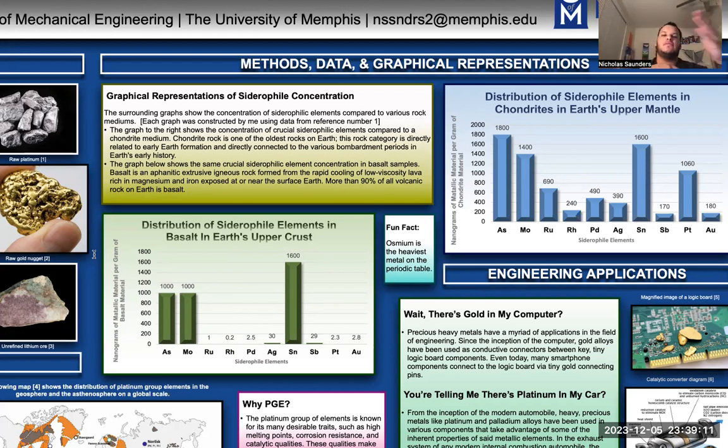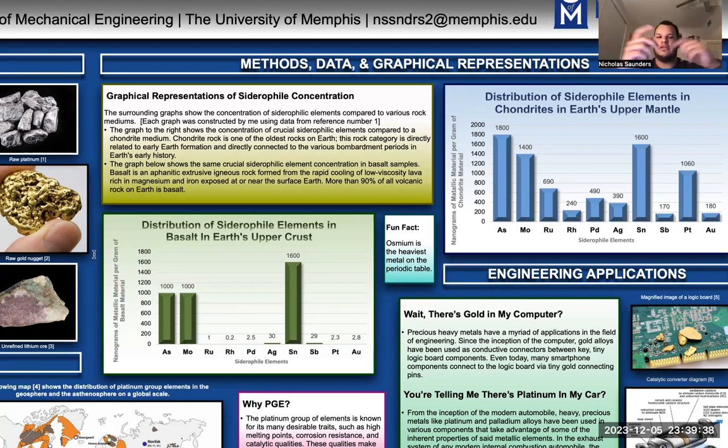Depending on the differences in concentration in these different rock types, we can make various conclusions regarding the formation of early earth, the formation of the inner layers of the earth, and the characteristics and habits of the early solar system, and specifically the subplanetary bodies in our early solar system.